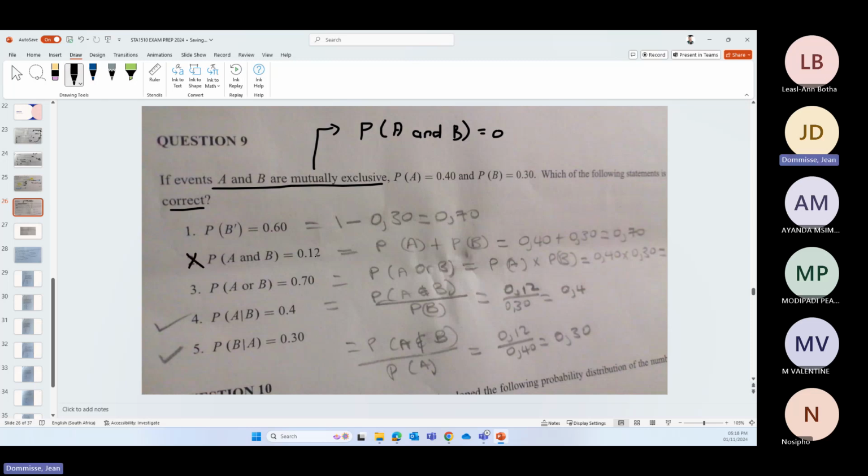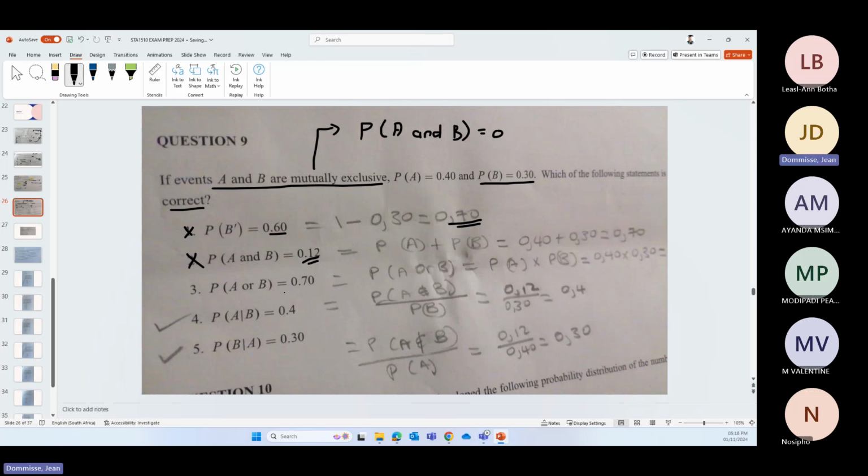That is incorrect because that needs to be 0. If the probability of B is 0.3, the probability of not B is 0.7, so not 0.6.